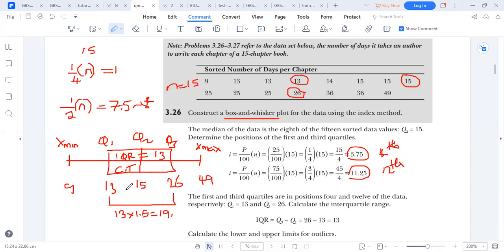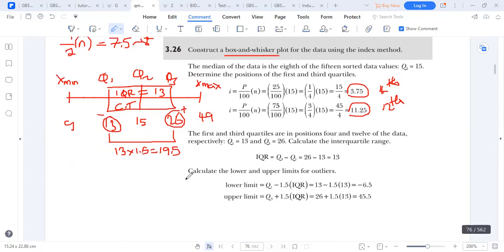What do we do to the 19.5? We add it to the 26 and subtract it from the 13. We get what? You get negative 6.5 and 45.5.